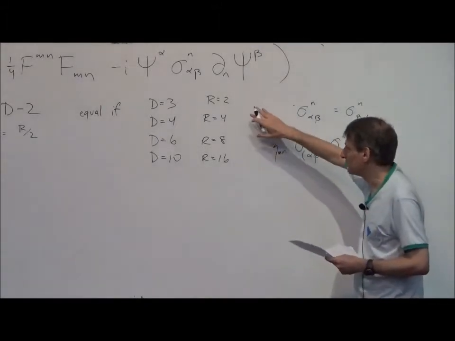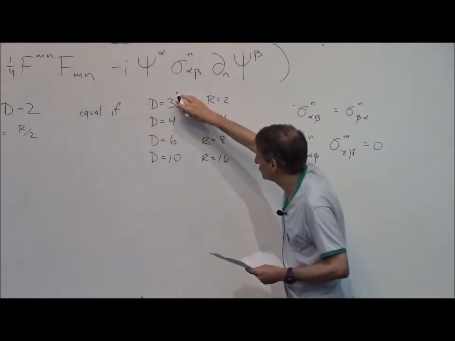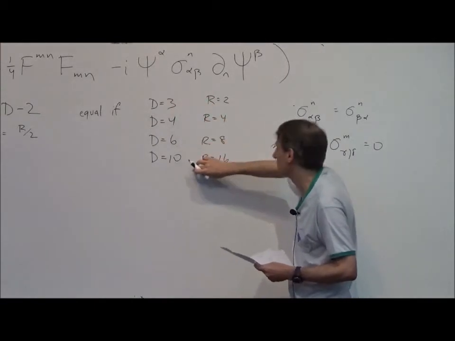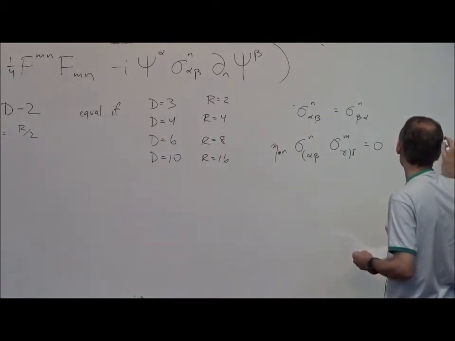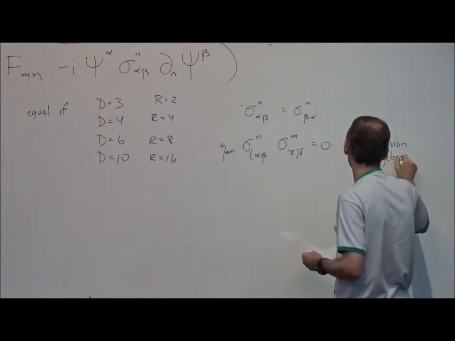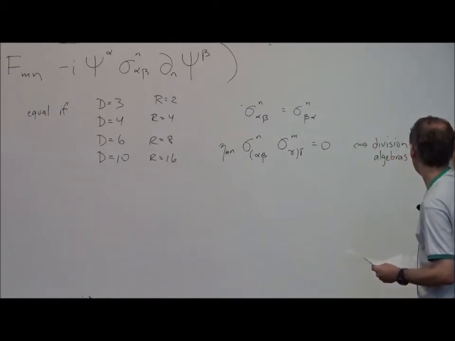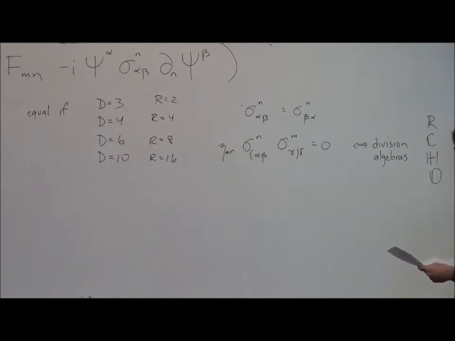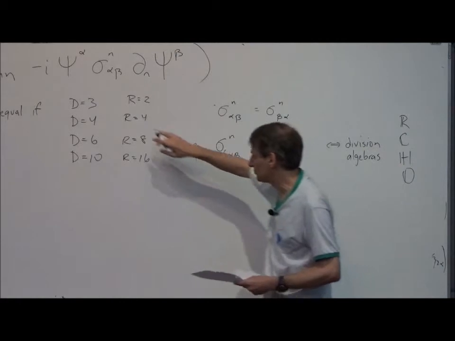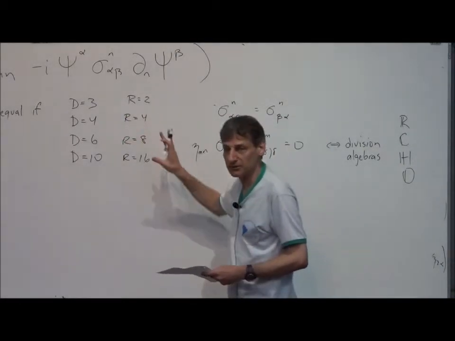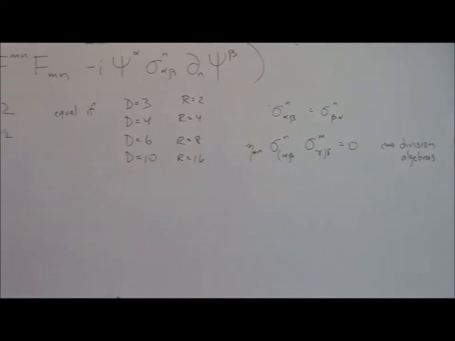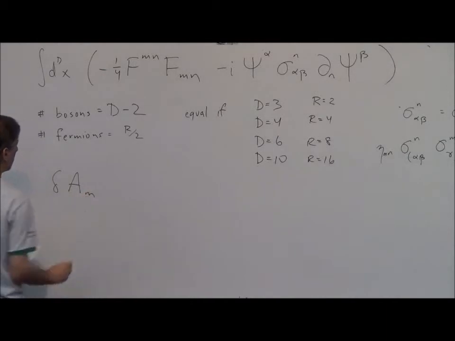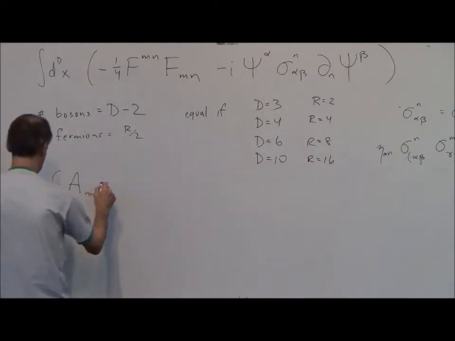This turns out to be related to the fact that if, instead of 3, 4, 6, 10, you take 1, 2, 4, 8, these are related to division algebras. I don't have time to say what they are, but there are 4 division algebras, the real, complex, quaternion, and octonion, and these are related to this identity in these dimensions. It's mathematics, but maybe some people think there might be some physics. Now, the supersymmetry transformations are the following.